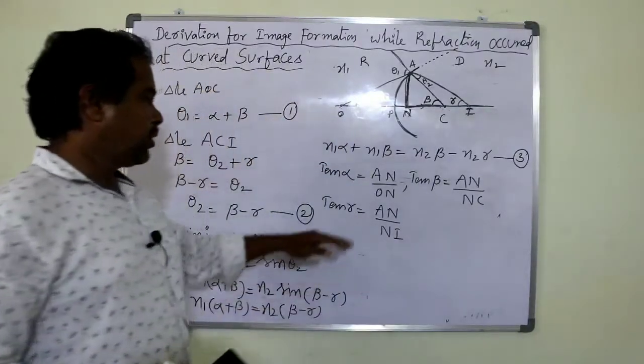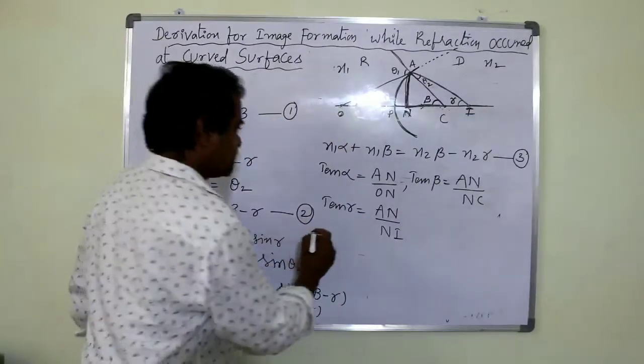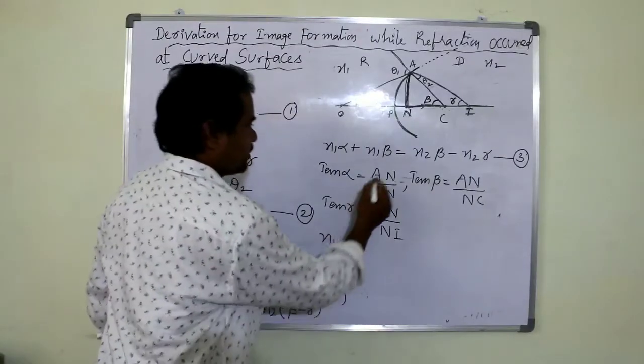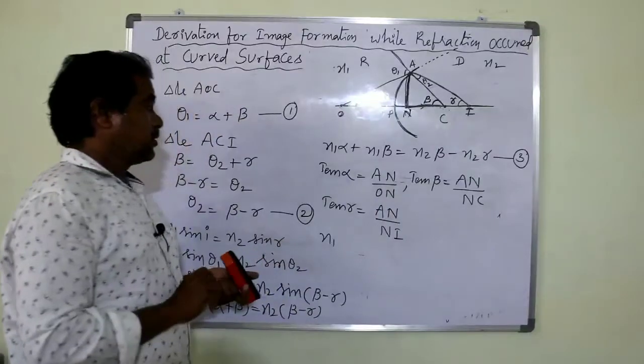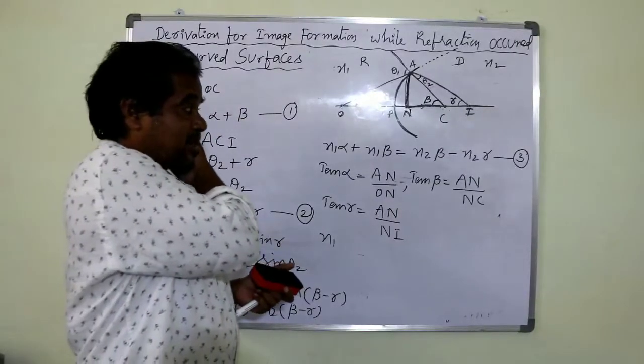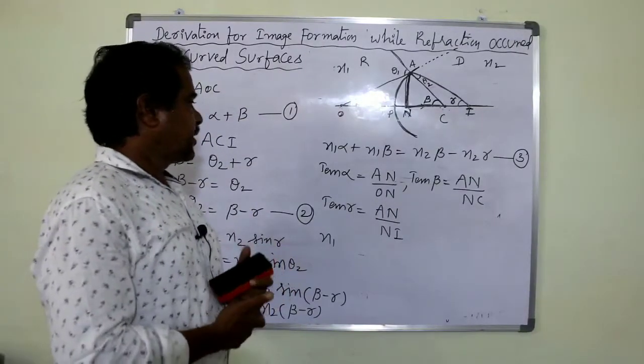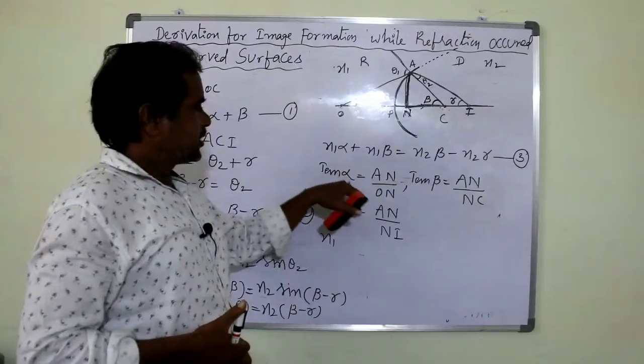So substituting all these values in equation 3, we get N1. Again we apply the paraxial approximation, so that tan alpha is also treated as alpha.